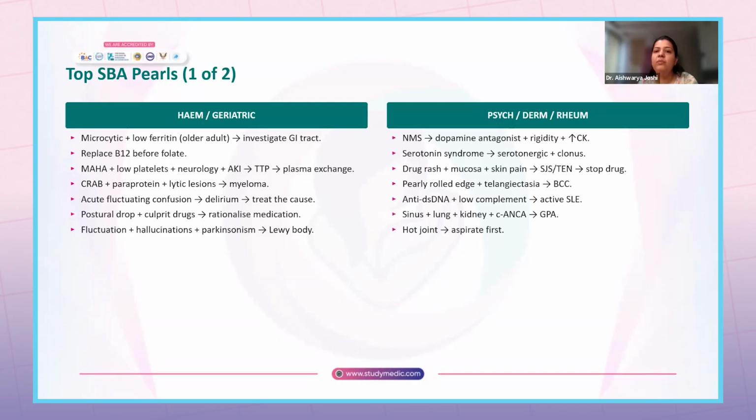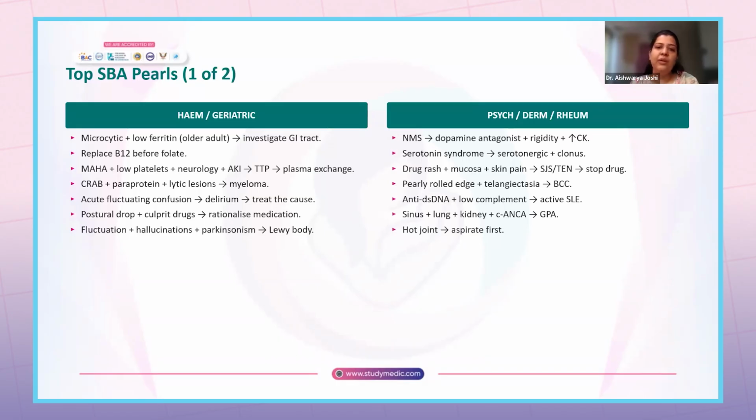Neuroleptic malignant syndrome commonly occurs due to dopamine antagonists, presents with rigidity and raised creatine kinase. Fever can be present. Serotonin syndrome is due to serotonergic drugs, that is SSRIs, and presents with clonus. Drug rash with mucosal involvement and pain in the skin, consider SJS or TEN.